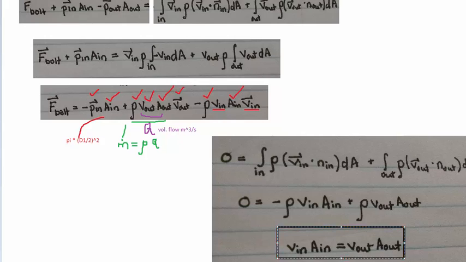So since we already know the inlet area, the outlet area, and V out, we can solve for a ratio and substitute this back in. So we now have 2 equations, 2 unknowns, our system is defined, and we can solve the problem.